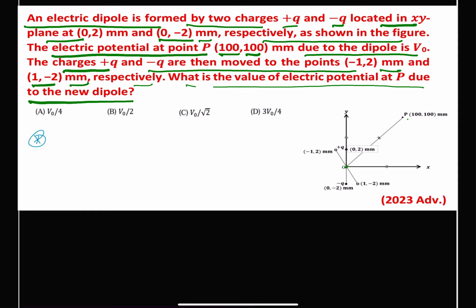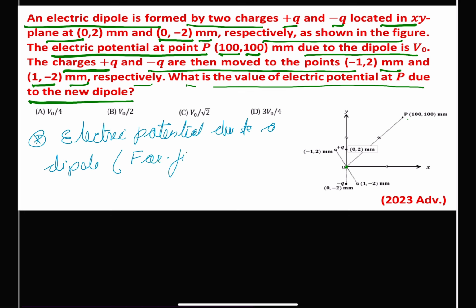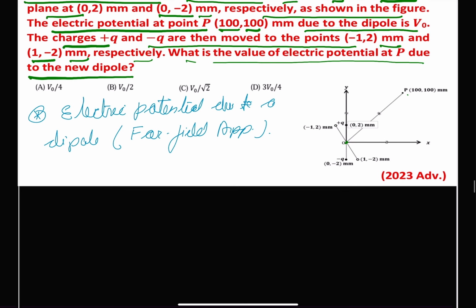The electric potential due to a dipole, in the far field approximation, at a point which is at a distance r, and the formula is standard: V is equal to 1 upon 4 pi epsilon naught, times the dipole moment P dot r unit vector, divided by r square.